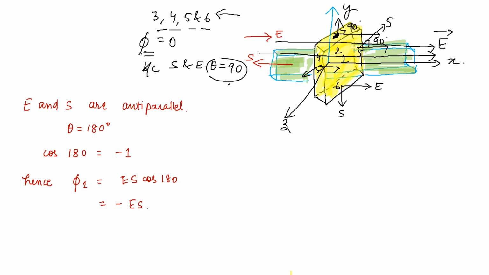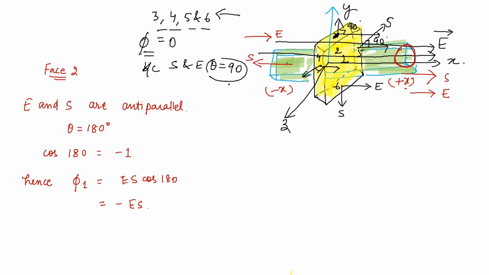Now, if we see this particular surface number 1, the right hand surface, this surface vector is going in this direction and the electric field vector is also going in this direction. So here E and S, this one is for face 2, backward. This is along the minus x axis, this one is along the positive x axis.